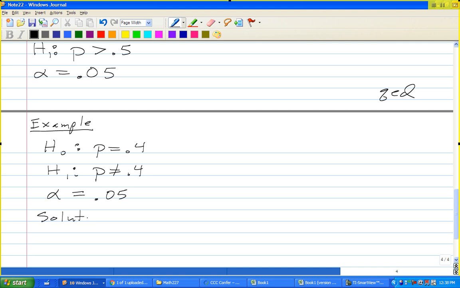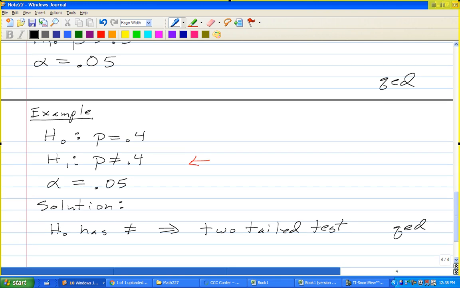So I want to determine if it's one-tailed or two-tailed. Well, I look here at the alternative hypothesis. The alternative hypothesis says not equal. Therefore, it will be a two-tailed test. So I just look at the alternative hypothesis. Alternative hypothesis said not equal, two-tailed test. And I'm done.